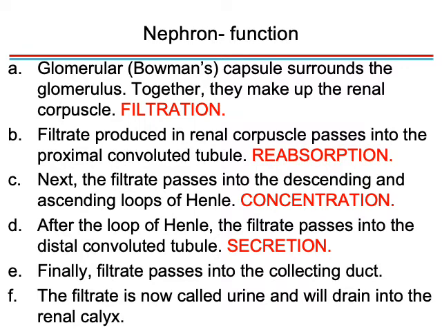So it's secreted into the nephron. Again, after it goes through all these features, the filtrate is then moved into the common collecting duct and travels to the renal calyx, to the ureter, to the bladder, to the urethra.